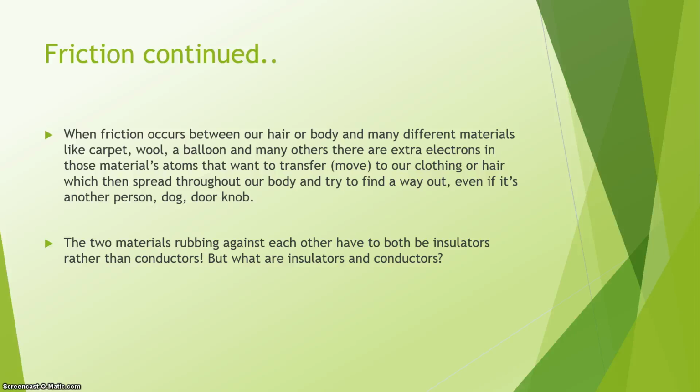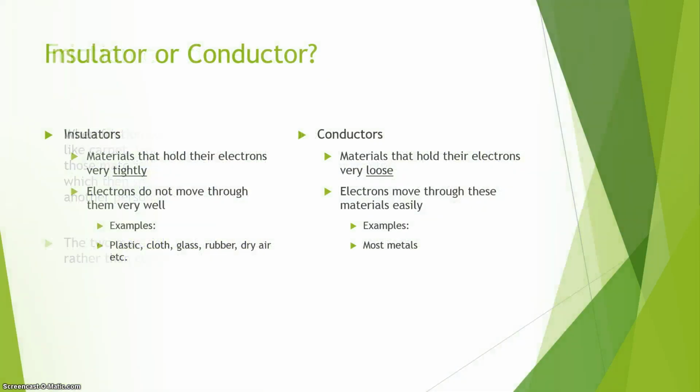And the special note is the two materials rubbing against each other have to be more of insulators rather than conductors. But what are those? Let's find out. Insulators are materials that hold their electrons very tightly, while conductors hold their electrons very loosely, meaning electrons can flow through them much easier.